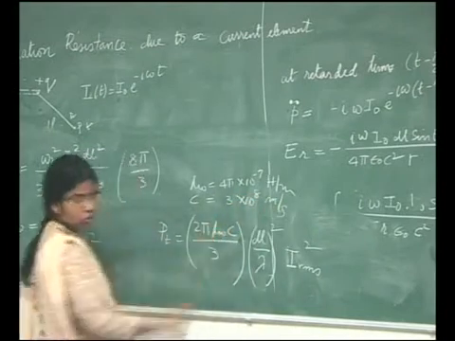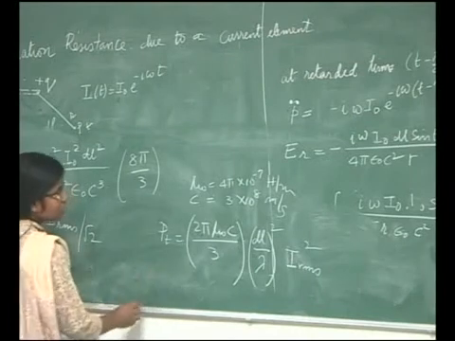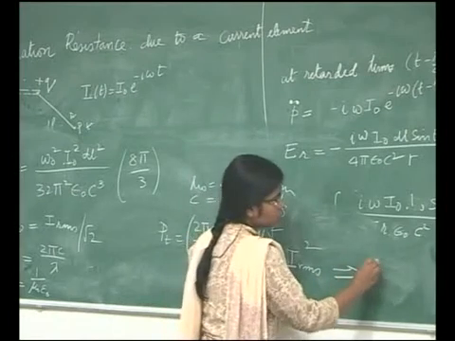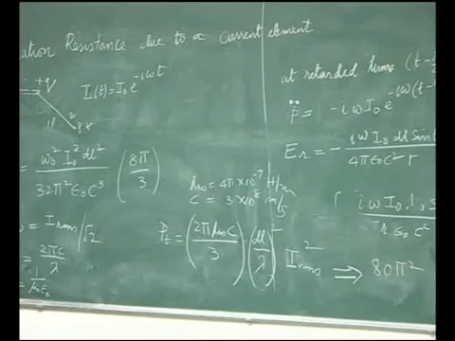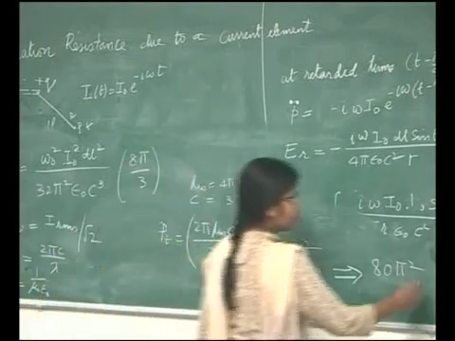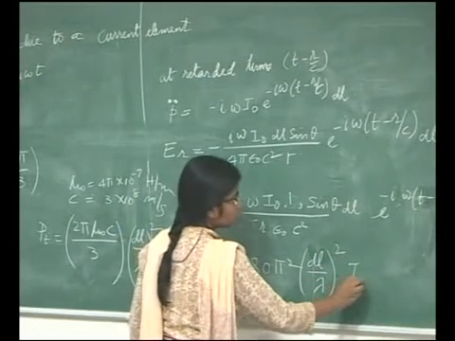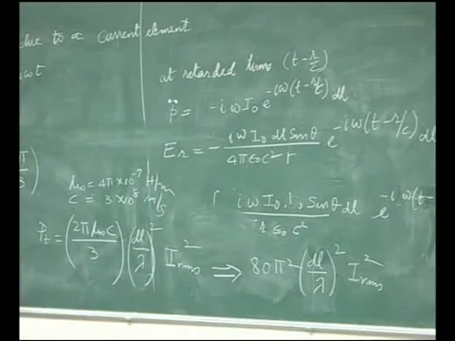I substitute those values here, and when I do that, I get Pt is equal to 80 pi square (dl by lambda) whole square into I RMS square. आप इसे कैलकुलेट करके देख लीजिएगा. I have done this calculation, it comes like this only.